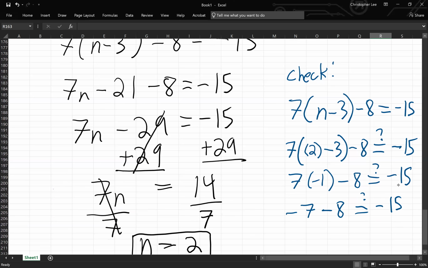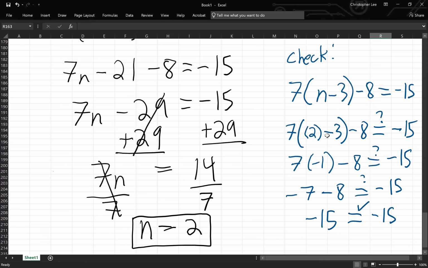What's negative 7 minus 8? Negative 15. So negative 15 equals negative 15. So therefore, I know that the answer that I got is right. You guys have this option on every single question that y'all do in the class. So getting the question wrong is optional for y'all. All right?